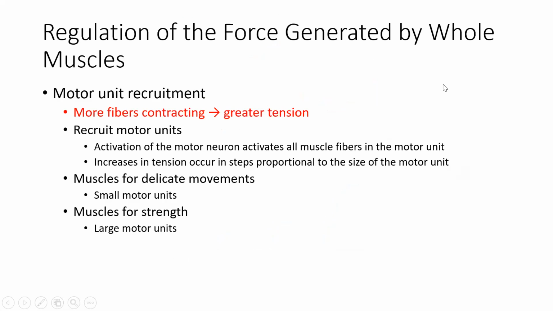So let's talk here about the way that recruitment happens. So we recruit motor units. We said that the more fibers contracting, meaning more cross-bridge cycling, that's going to translate to greater force or greater tension. And so we can activate our motor neurons and then activate all of the fibers that are attached to those motor neurons, i.e. a motor unit. And if we increase that in this kind of stepwise fashion, then we will likewise increase how much force a muscle generates.